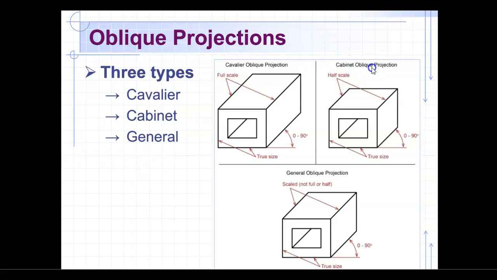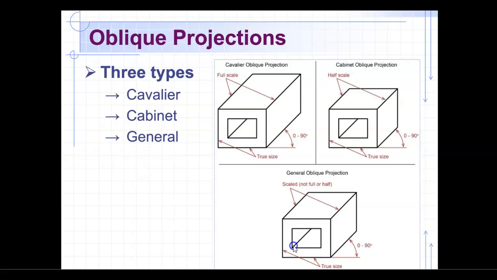Here on the cabinet oblique, this is what's half scale. So it's kind of the same thing. Your cavalier oblique and your cabinet oblique are more or less the same, except here we draw half scale instead of full scale. Then we've got a general oblique projection where that scale is neither full nor half.